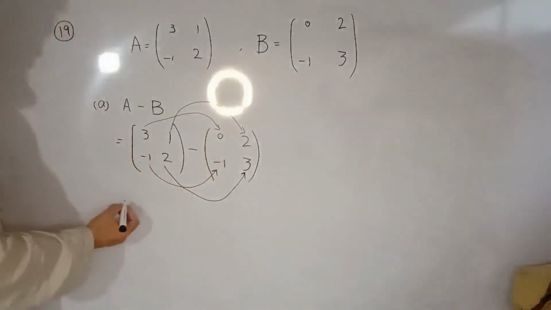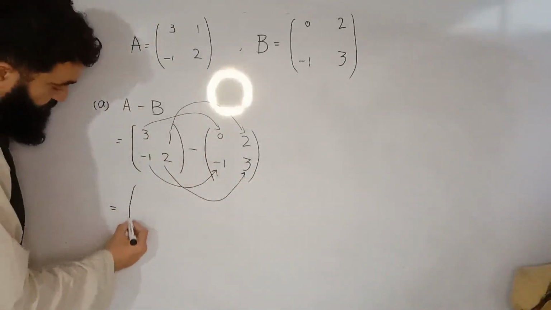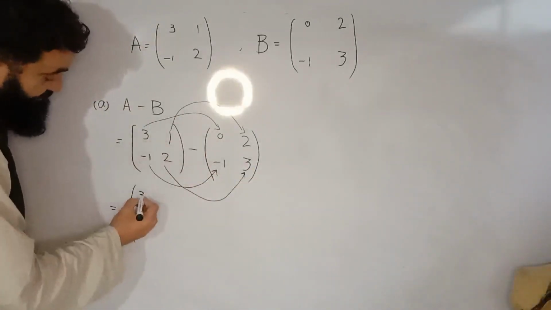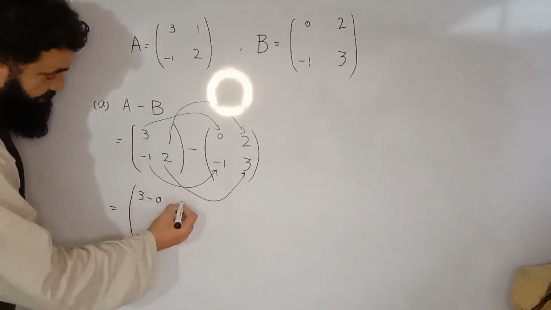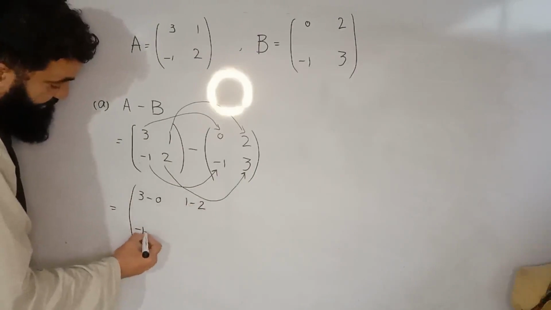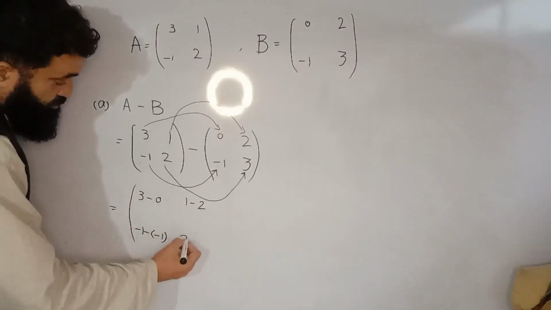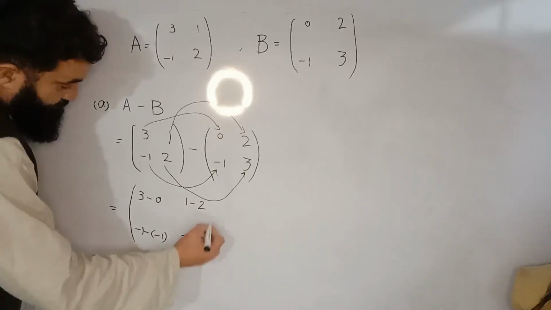So this will be equal to 3 minus 0, 1 minus 2, minus 1 minus 2, and then 2 minus 3.